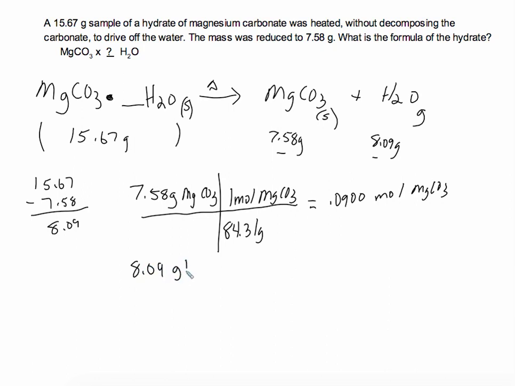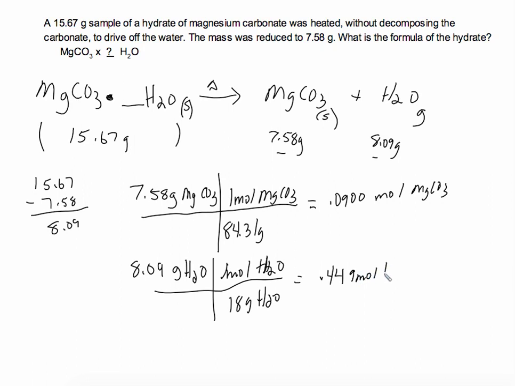Then you're going to do the same thing. Find the moles of water. 8.09 grams water, and 1 mole water is equal to 18 grams of water. If you do that math, you get 0.449 moles water.